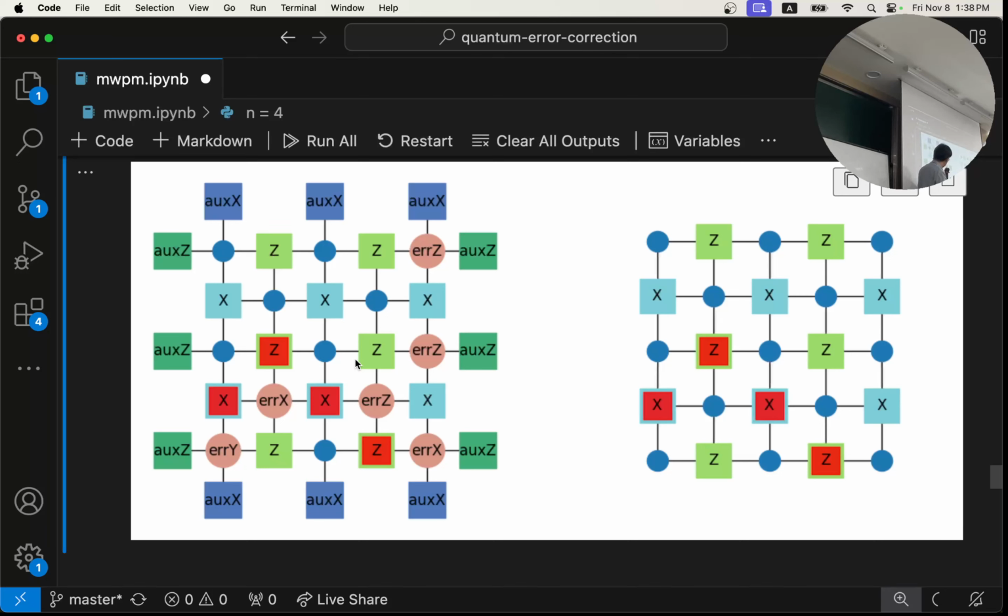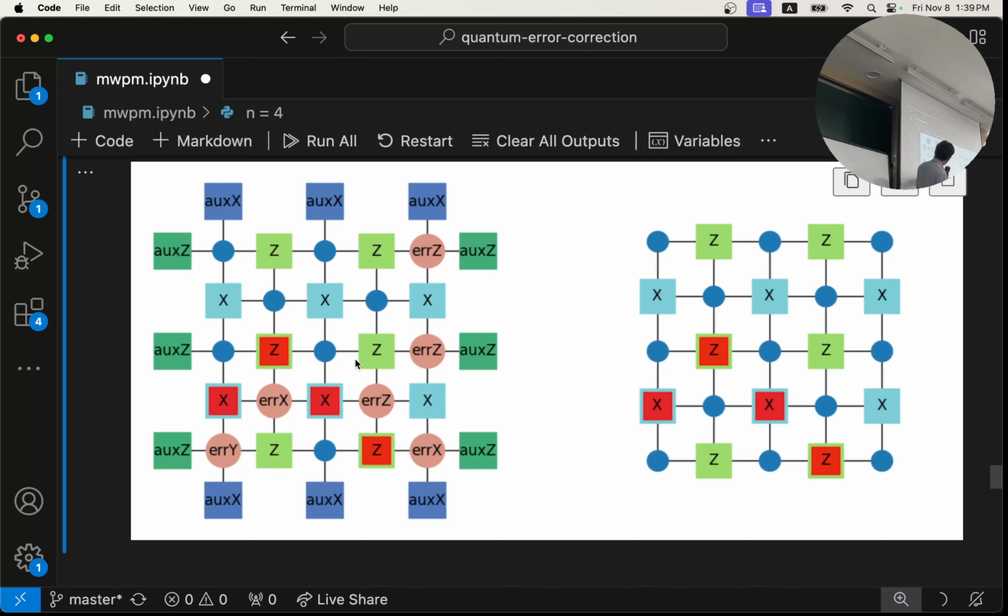And in here, there are 2 X errors on the data qubits attached to this Z stabilizer. Because of this X error, it switches the read off at this stabilizer, and also because of this X error, it switches the read off of that stabilizer again. So you have a double switch. That means you don't see any changes on this stabilizer. So only the changes are detected in here and here.